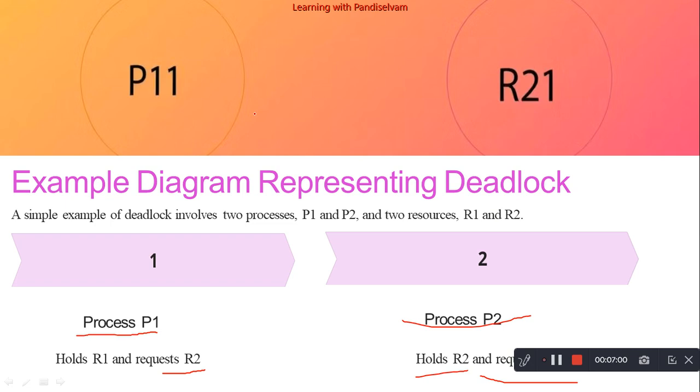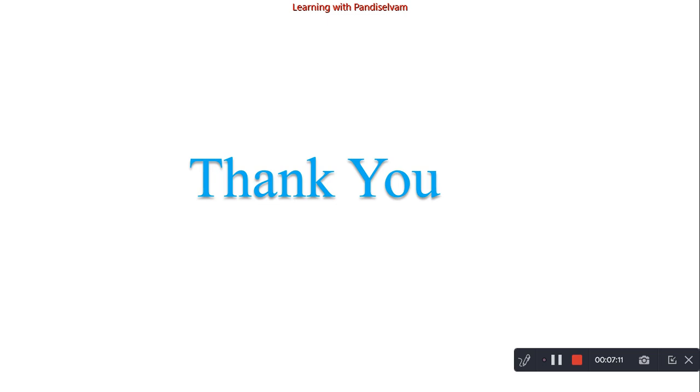This is the exact situation of deadlock. In this example we have two processes and two resources. Up to this, the introduction, conditions and data structures for deadlock are over.